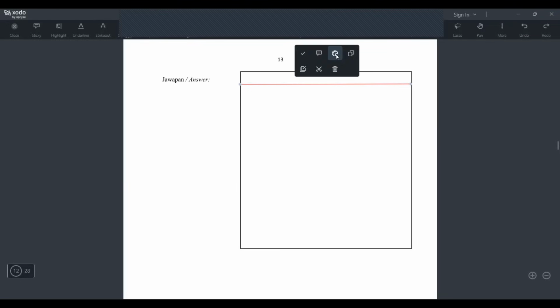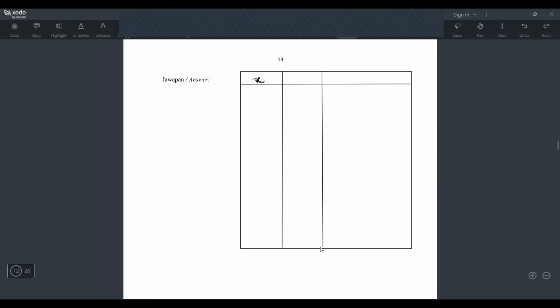The first row is like this, and here I will write x. Then I make sure I have 3 columns, so I need 3 spaces here, like this. For the next row, I will write dy/dx.